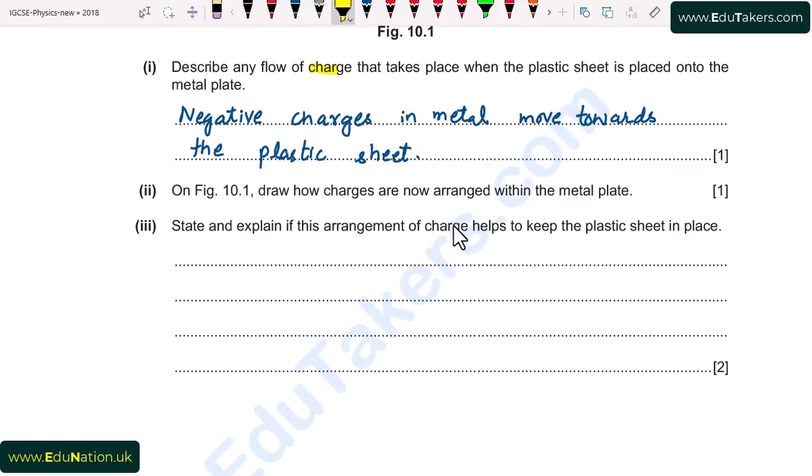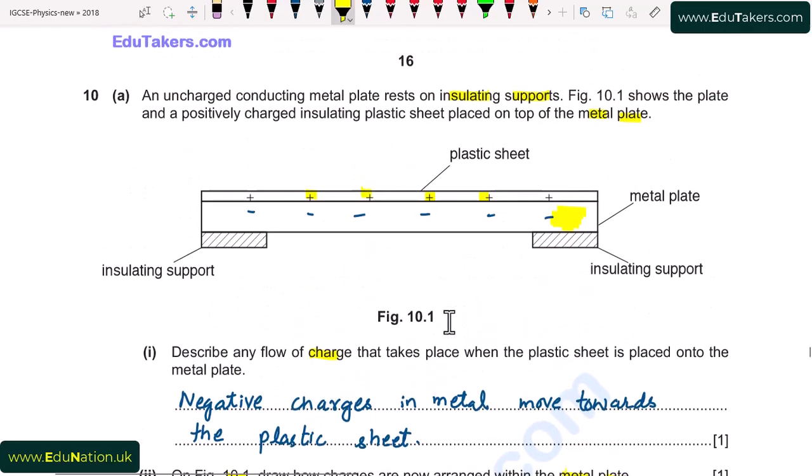Part 2. On figure 10.1 draw how charges are now arranged within the metal plate. So when the negative charges from the metal plate are attracted towards the positive charges of the plastic sheet, how are the charges arranged in the metal plate after that? First of all, I remove this.